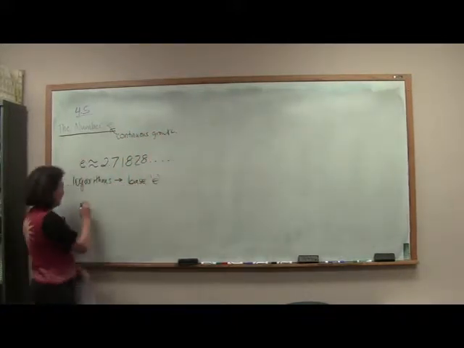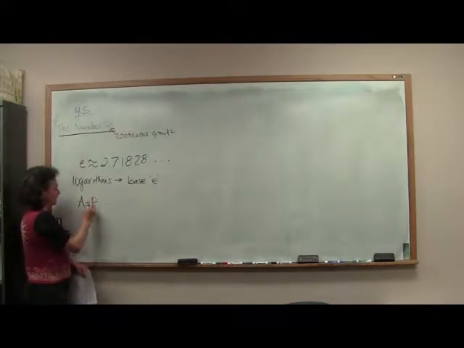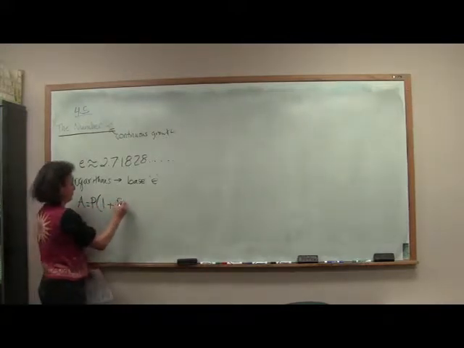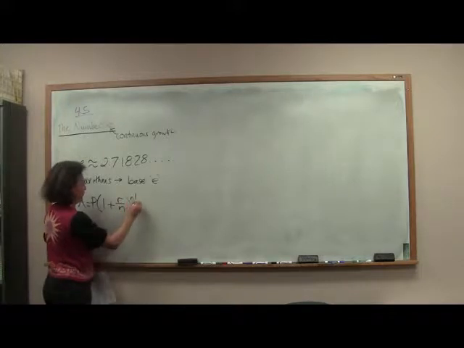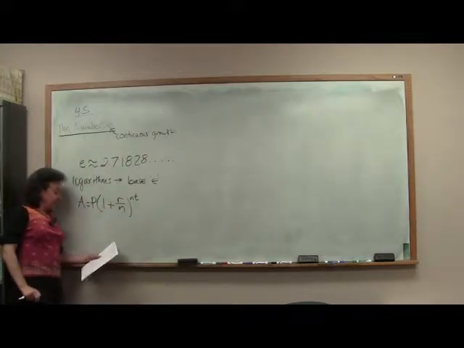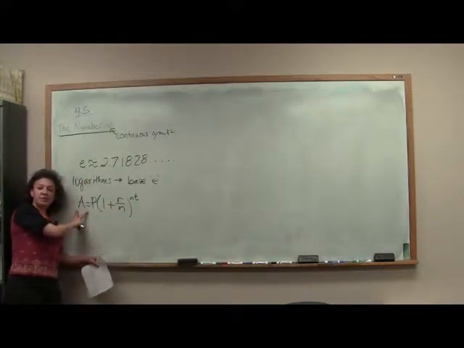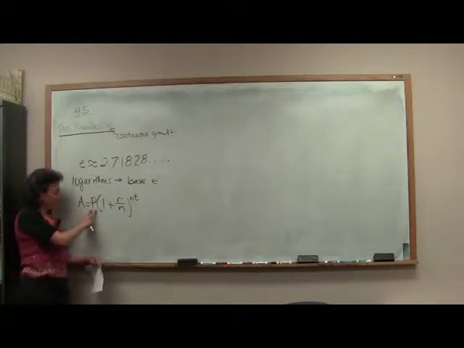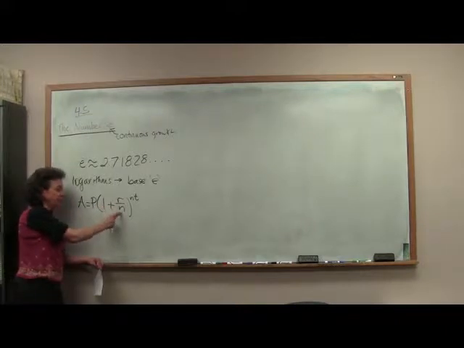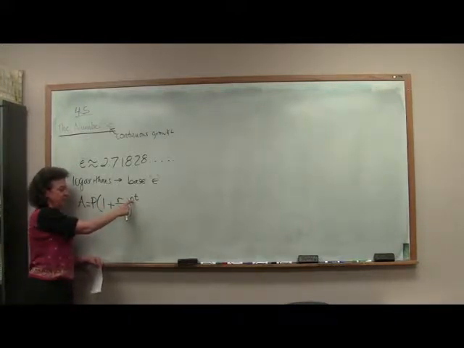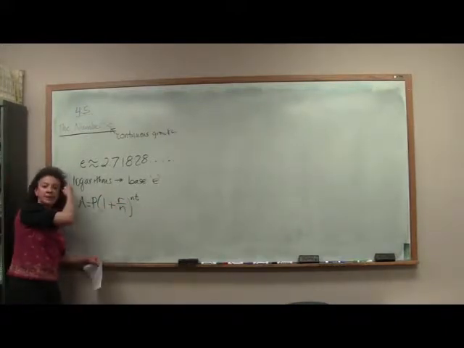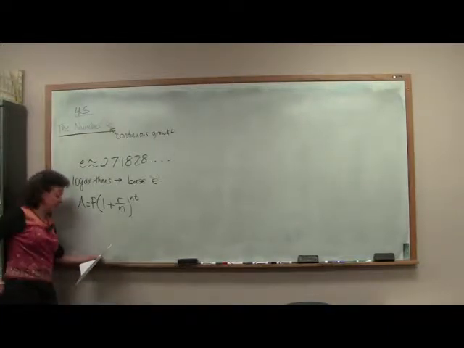Now, a formula that we saw in the last section was this. Remember, we looked at this in terms of like looking at a bank account. The principal was the amount that we put in the account. This is our rate. This is the number of times per year interest is compounded, and T was the number of years.